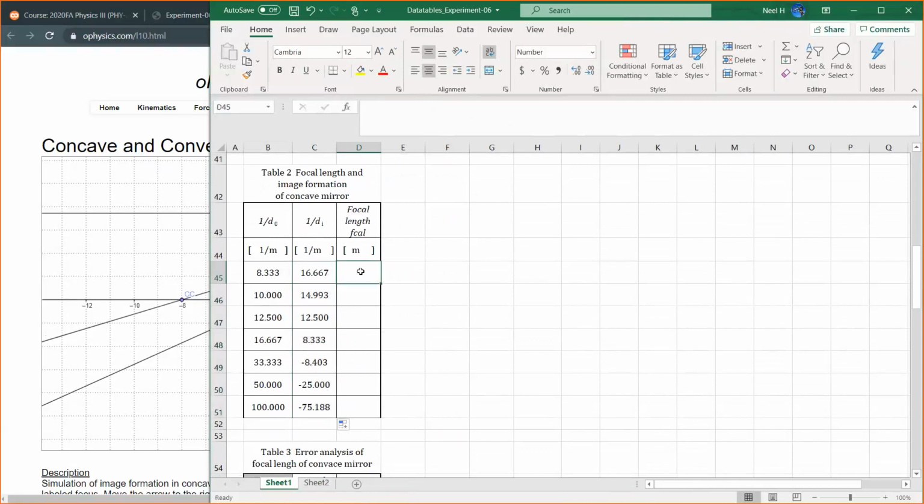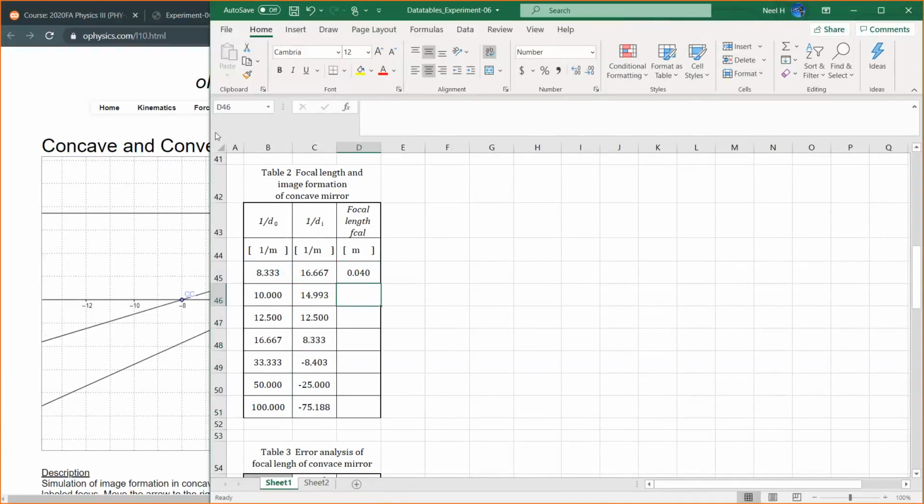And I can do the focal point, equal sign, parentheses 1 over d0 plus 1 over di, close brackets, power minus 1, right? Because it's 1 over f, but I need the focal point f. I have to take the inverse.